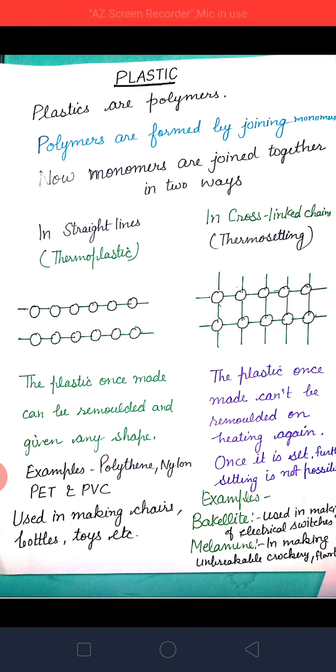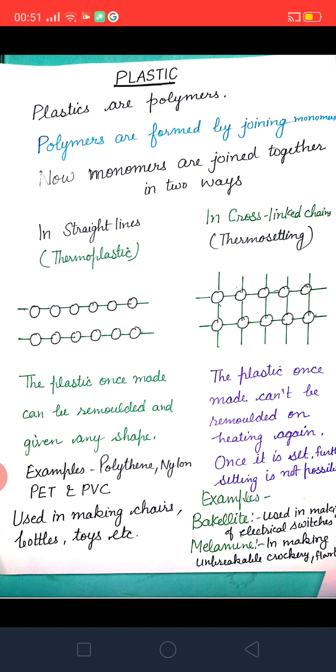As you are able to see in this diagram, in the first diagram, monomers are arranged in a single line and they are joined together in a straight line, whereas in the other diagram you can see that in this kind of plastic the monomers are linked in cross chains. These are known as thermosetting plastics. Understand, beta?